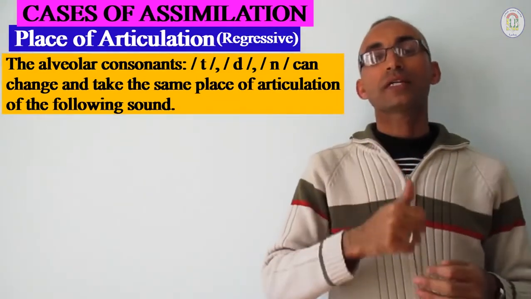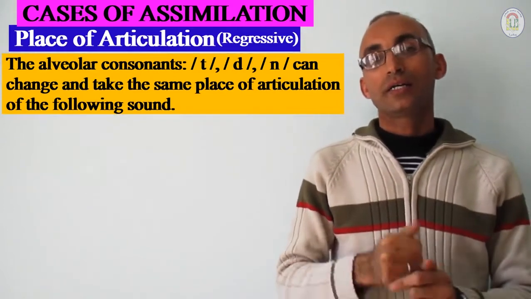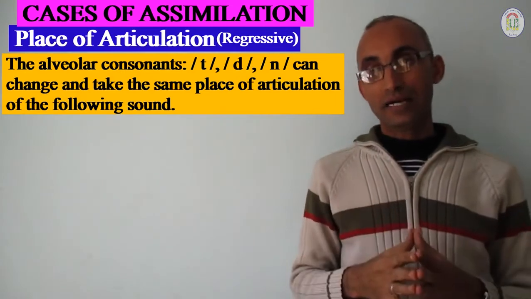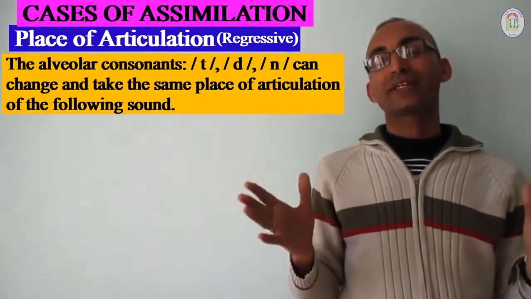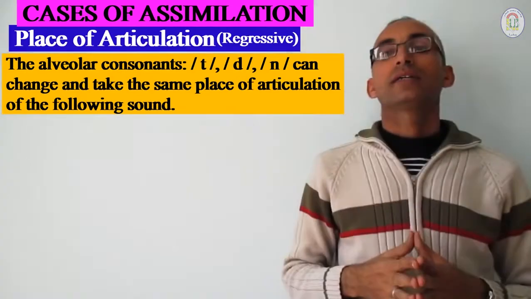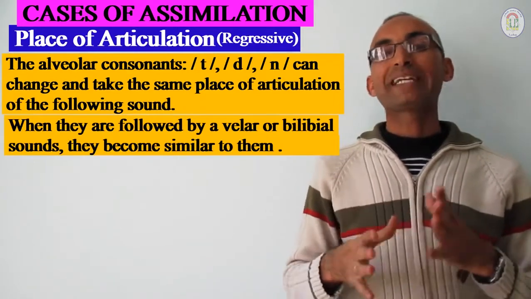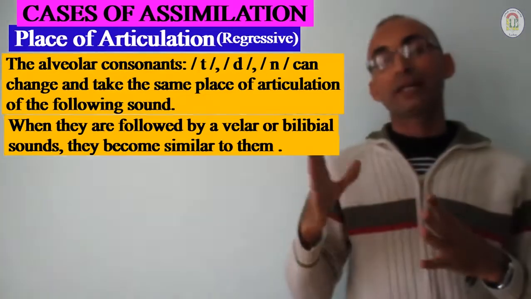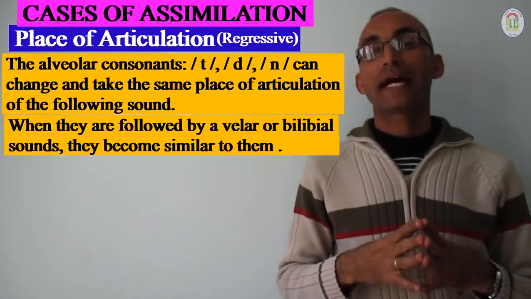So we start with these alveolar consonants, ta, da, na. Usually when they are followed by velar or bilabial sounds, they change to be similar to these bilabial and velar sounds.